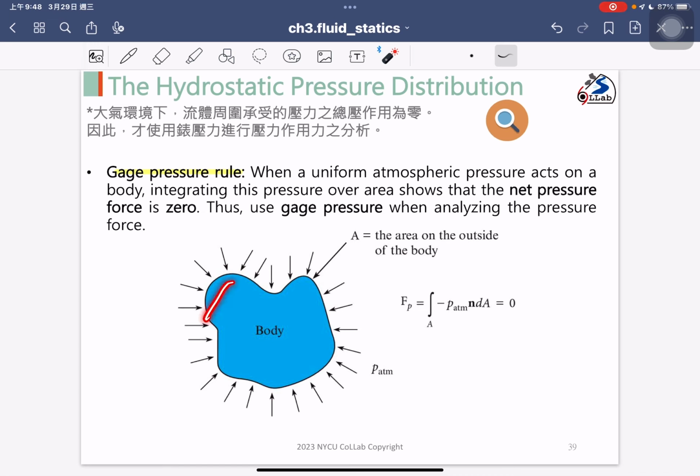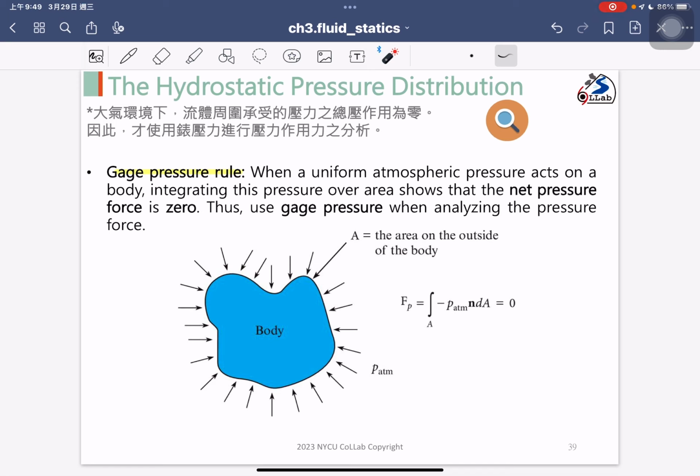So you put a body in the environment, and we have a different pressure distribution along the body boundaries. If you compute the integration for all the pressures, finally it will equal 0. We call that the gauge pressure rule.